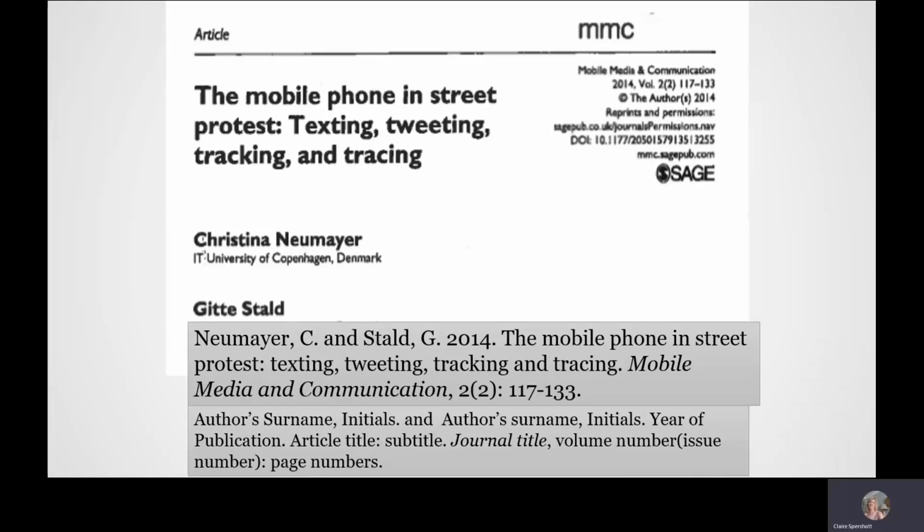Okay, and note that the subtitle, texting, tweeting, tracking, is all in lowercase, and then the title of the journal itself is Mobile Media and Communication, okay, and then our comma, our volume number, our issue numbers, and our start and end page numbers.